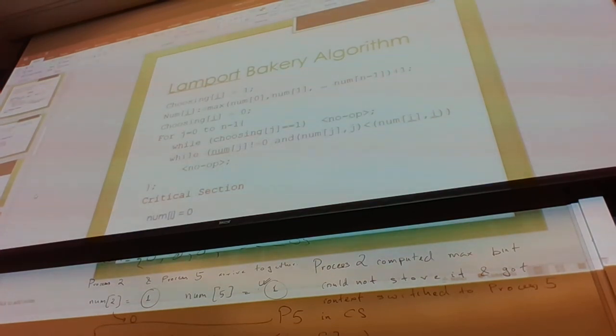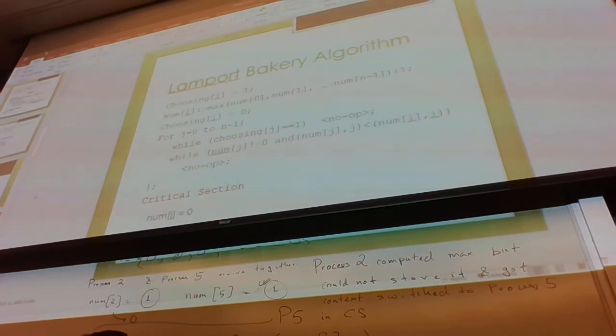Sorry, I made a mistake. i is 2, j is 5. So it says num j, comma j, less than num i, comma i.